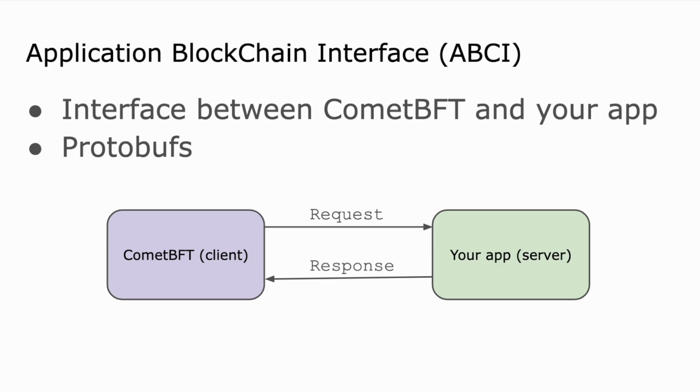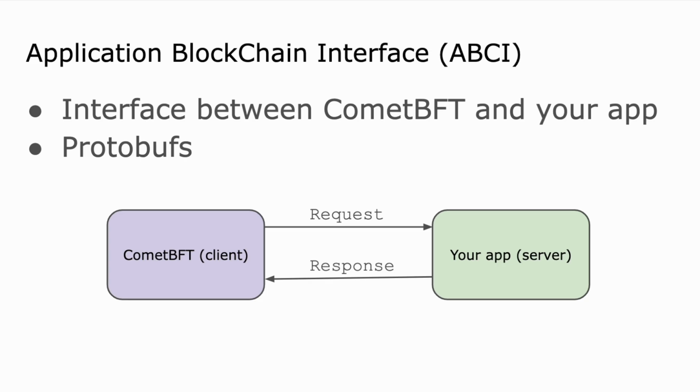These protobufs specify the request and response types exchanged between CometBFT and the application. So the conceptual model is that CometBFT acts as the client and your application acts as the server. CometBFT will send different ABCI request types, and the job of your application is to generate the appropriate responses.